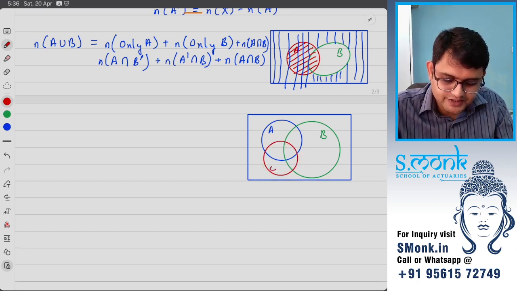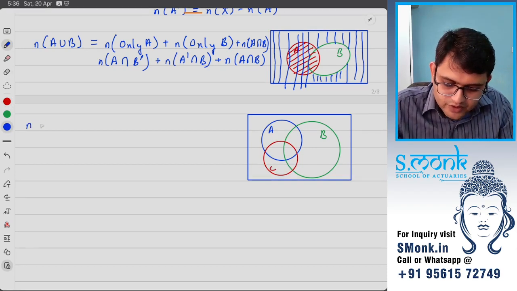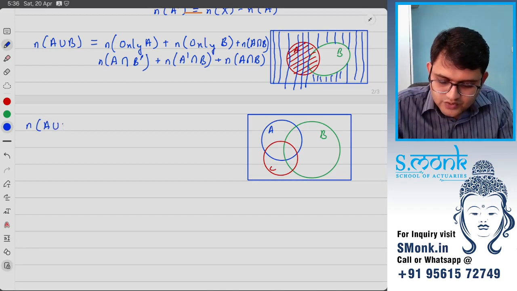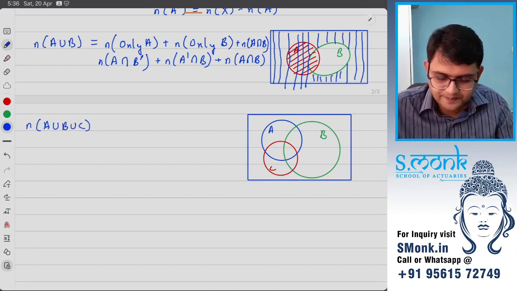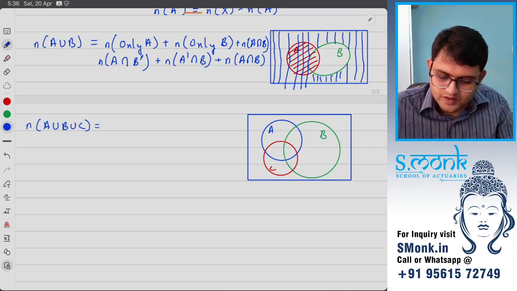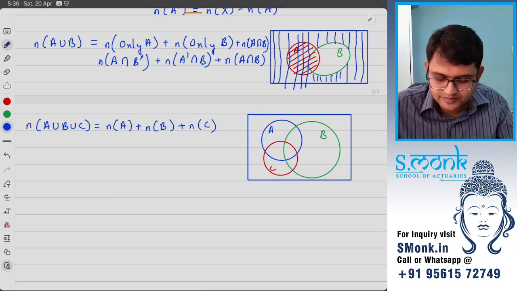What if I want to find the number of elements in A union B union C? The easiest way, or the formula that you might have learned before, is just the number of elements in A, B and C. We will add them up.